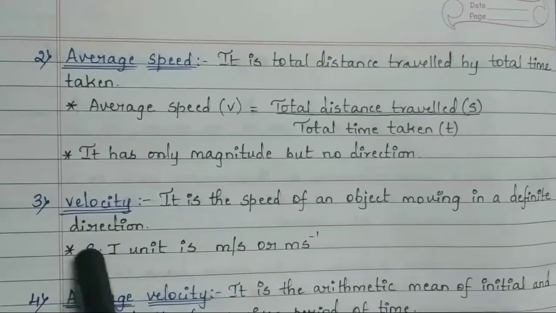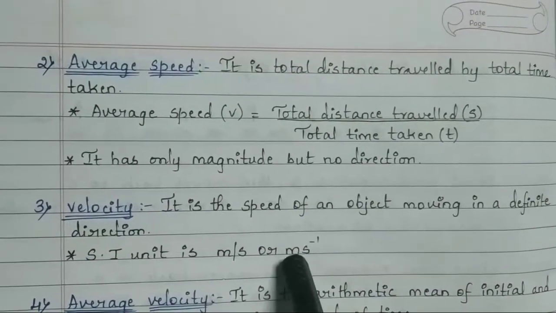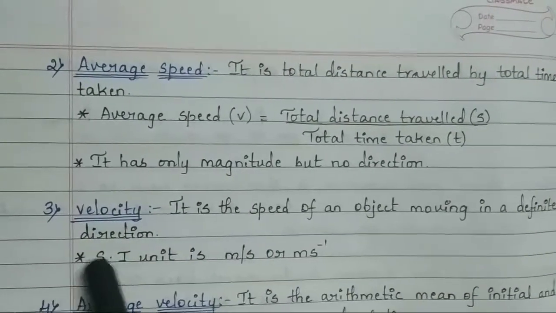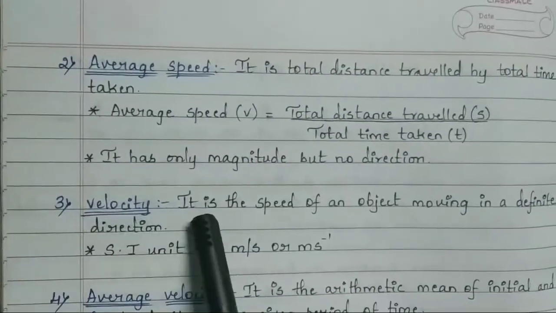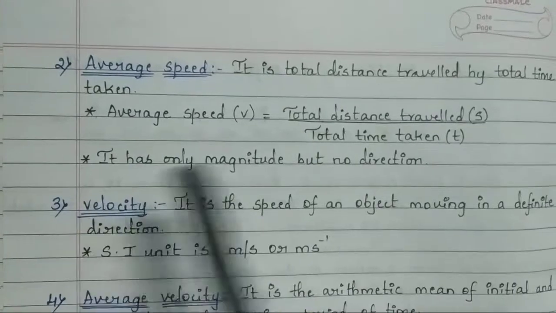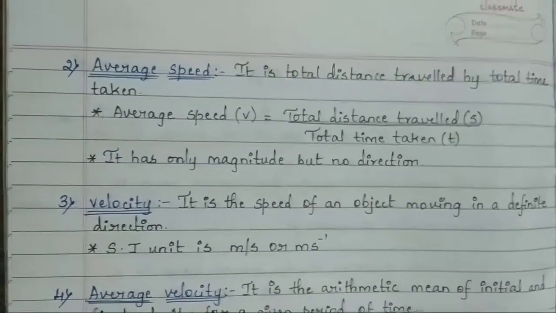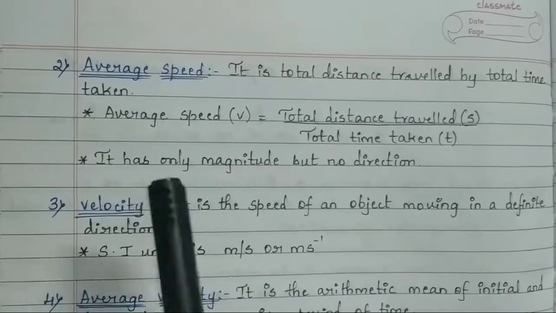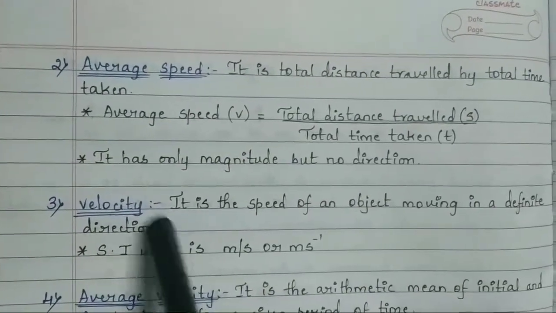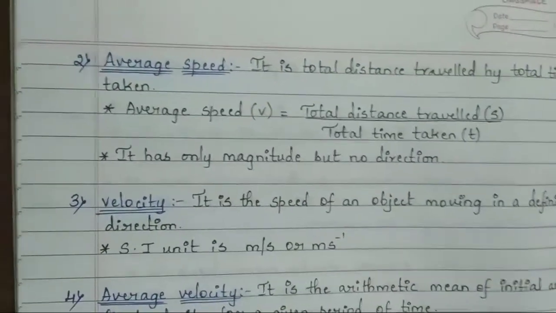Here the SI unit is meter per second, or you can write it as ms^-1. Both quantities are the same; the only difference between speed and velocity is that velocity has a definite direction, whereas speed won't show any direction. It will just give you magnitude, but velocity will give you both magnitude as well as direction.